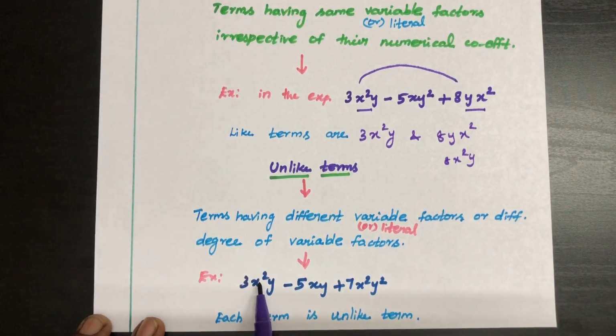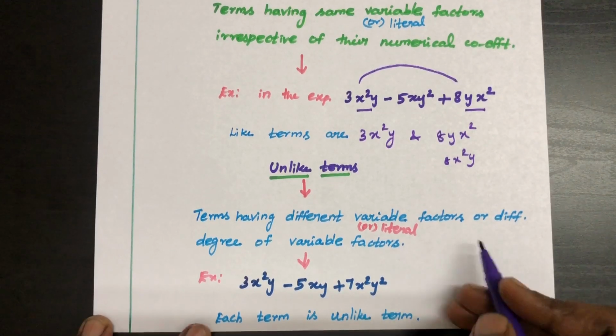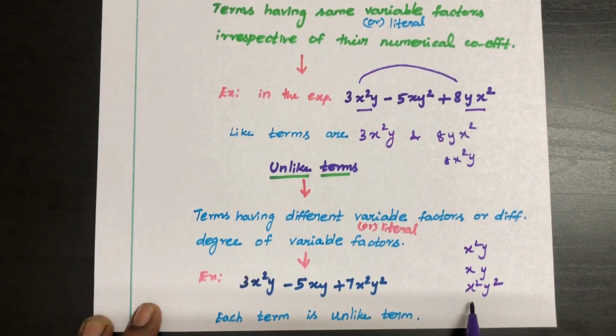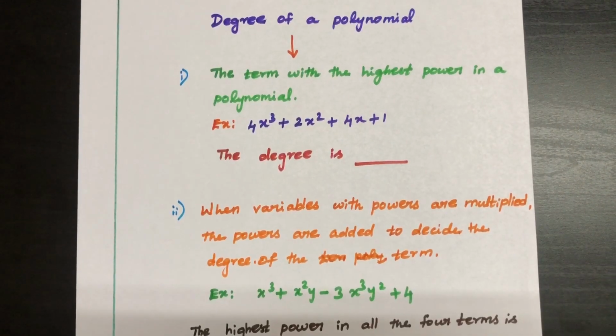The first term has x square y, the second term has xy, the third term has x square y square. See, first term variable, second term variable, third term variable. Is there any connection between these variables? These are all different, okay? x square y, xy, x square y square. So each term is an unlike term.